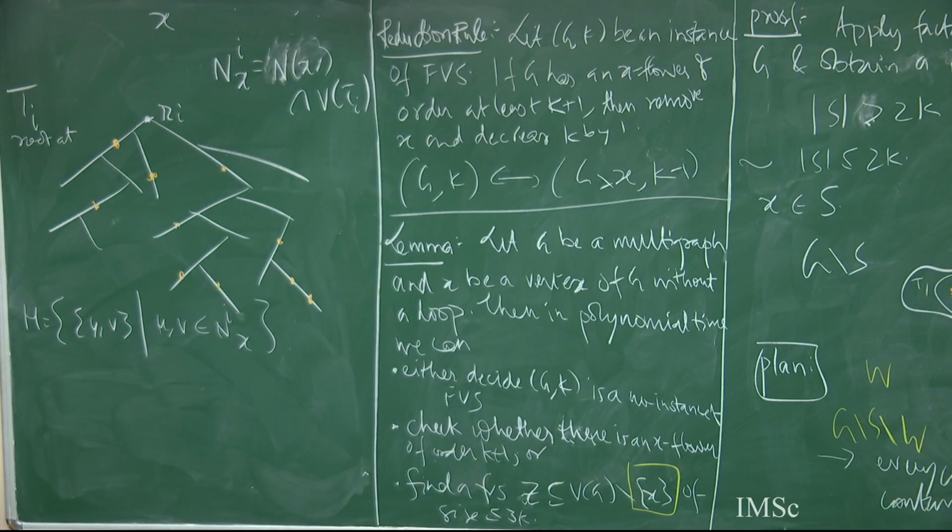So for example we could have applied certain kinds of reduction rules here itself. But okay, this is what it is.